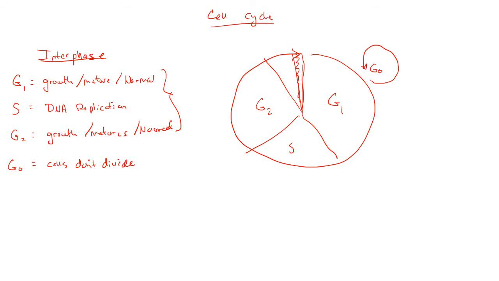Those don't grow and divide. They don't change. We don't want them to change, but maybe your liver cells can be kicked out of this if there's damage to the liver or you basically have surgery or something. But your brain cells and nerve cells, once they're damaged, they kind of stay that way because they don't come out of gap 0.